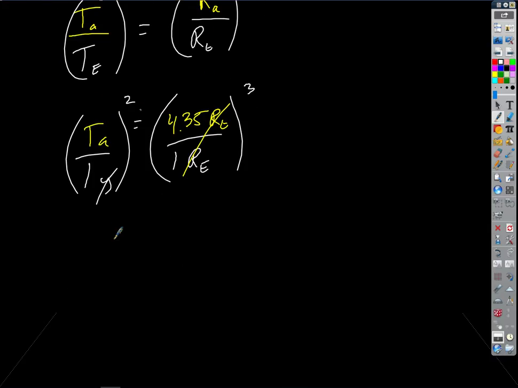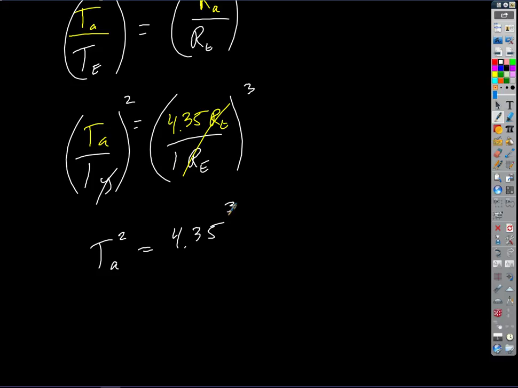That's squared, so we end up with T sub A squared equals 4.35 cubed. So what do I do to both sides? Square root it, which is the same thing as taking both sides to the 1/2 power.